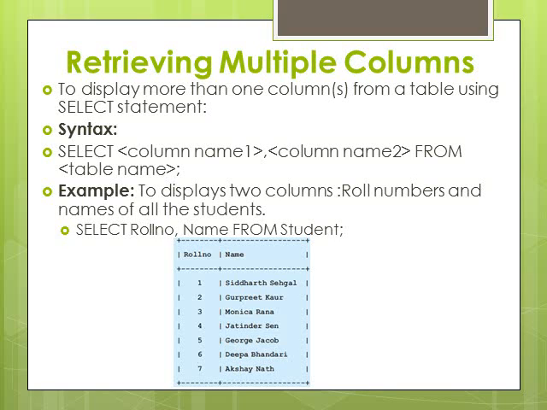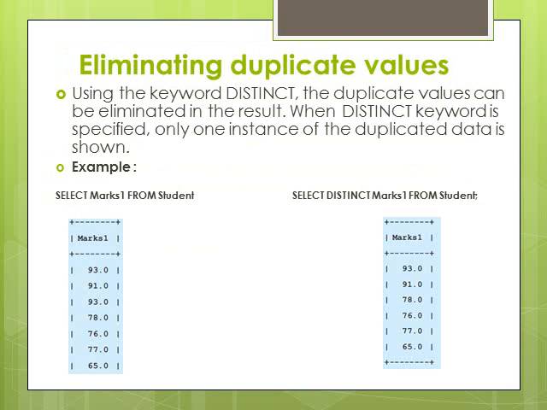Example, in the slide, if we want to display 2 columns only, that is roll number and name of all the students from the student table, then the statement will be select roll number, comma, name from student. You can see the output. Only the fields roll number and name are being displayed, other columns are not available to view.